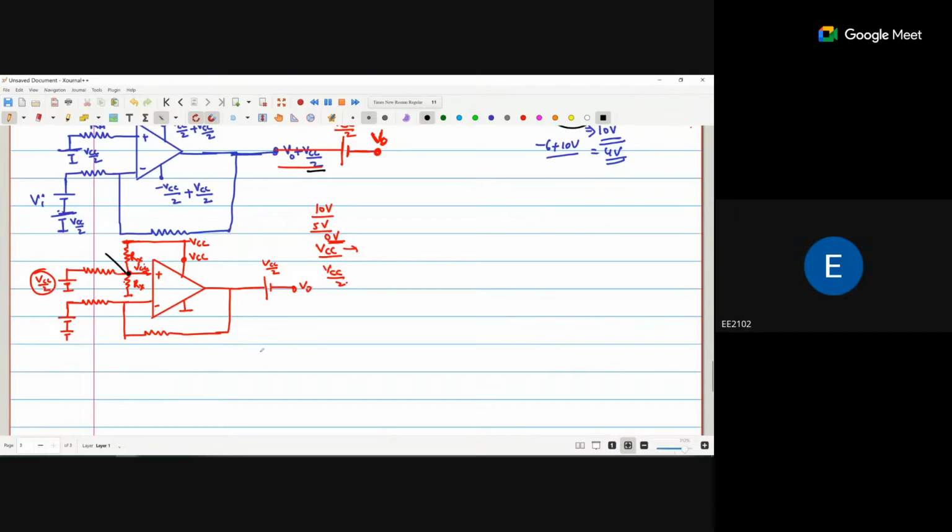This point will be your VCC by 2, because this VCC will be divided across Rx and Rx. If both resistors are equal, that means the distribution is equal. So you are getting VCC by 2 here and VCC by 2 here. So this 5 volt you are getting from this 10 volt using the voltage divider.